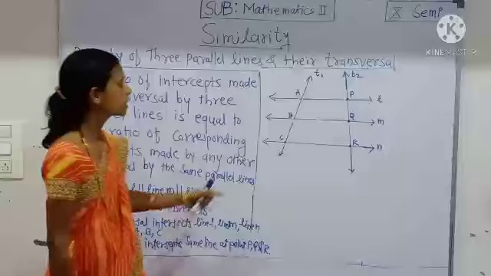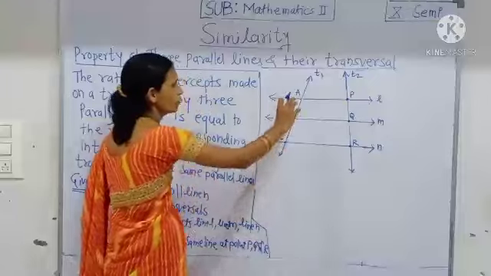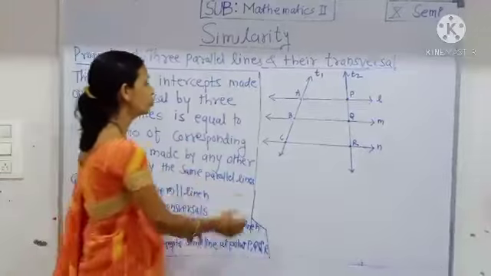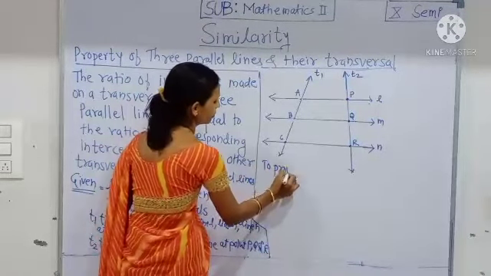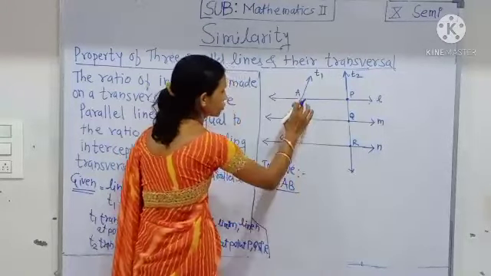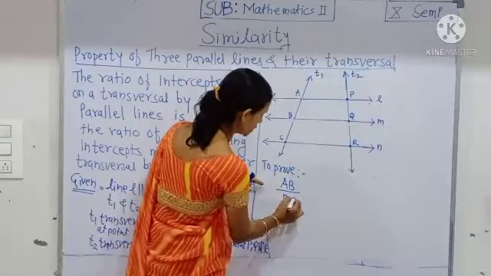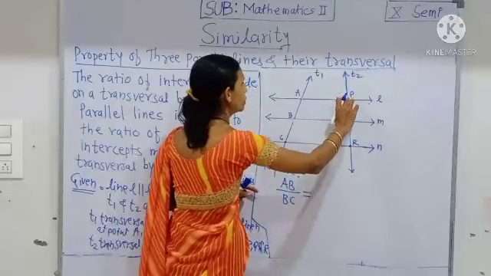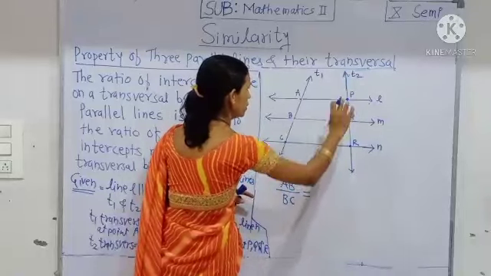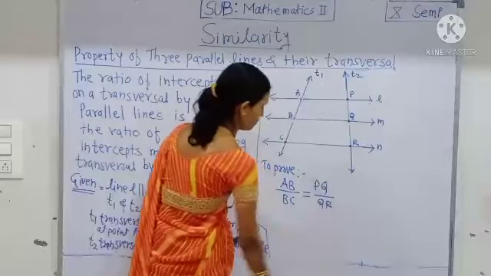Therefore intercepts are formed on those transversals. Then we have to prove that the ratio of intercepts formed on one transversal, that is AB upon BC, is equal to the ratio of the corresponding intercepts on the other transversal, that is PQ upon QR.